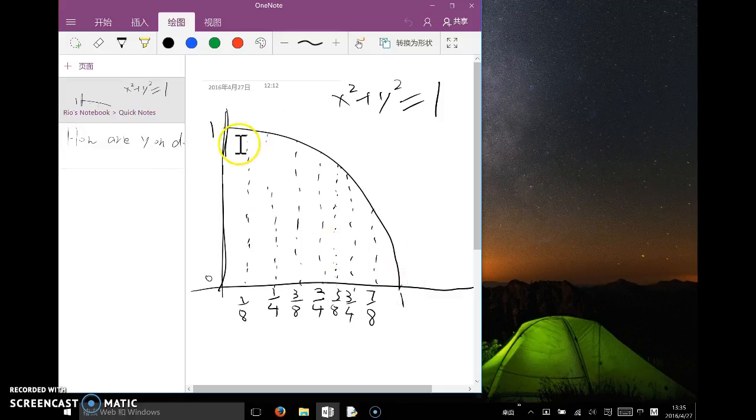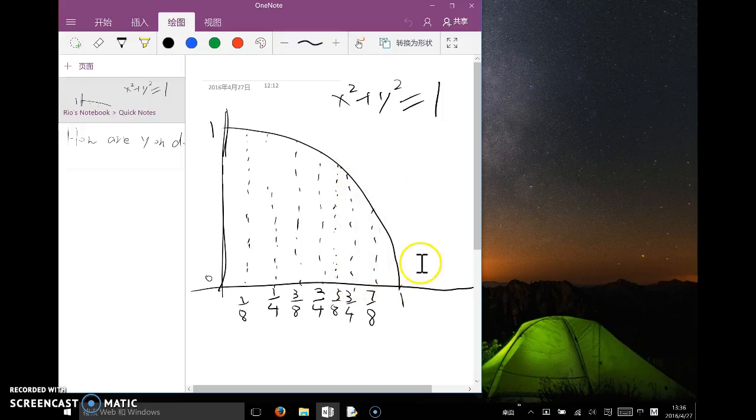To calculate the area of this quarter circle, I think I need to divide this into 4 pieces and get the area of each rectangle, like this one, this one, this one, and this one.